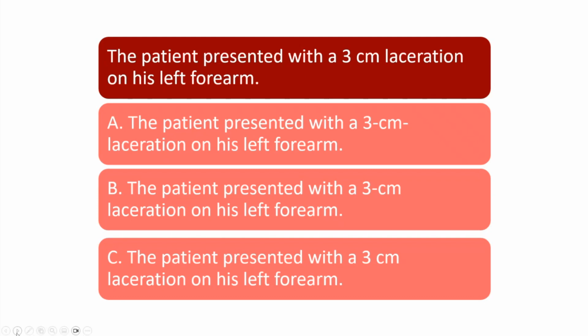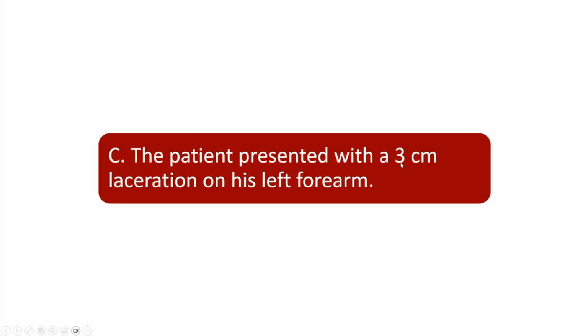Yep, you got it. No hyphen between the 3 and the centimeter, because centimeter is a metric unit of measure, so we do not add the hyphen with metric units.